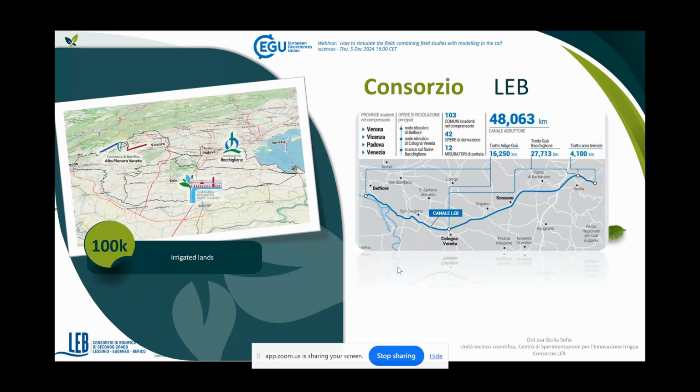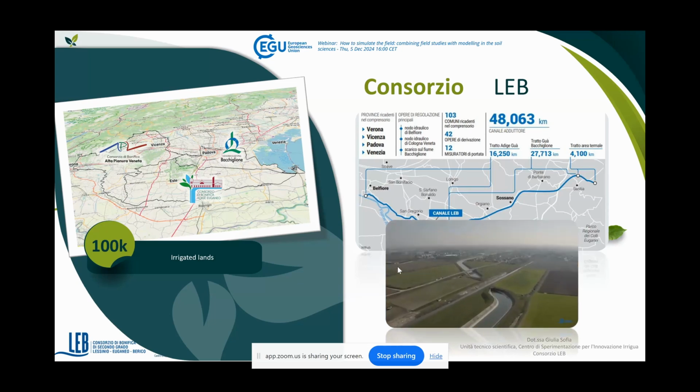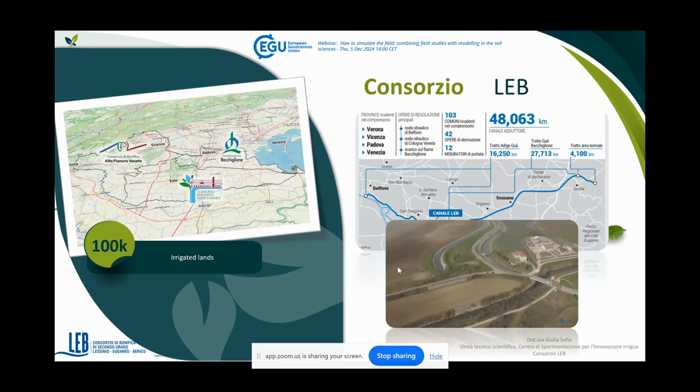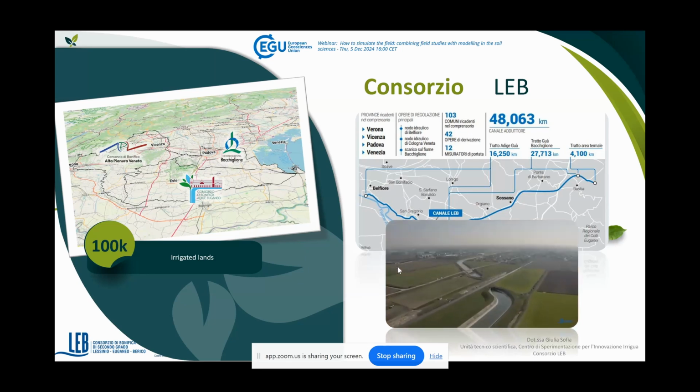We manage irrigation for over 100,000 square kilometers of agricultural landscape delivered by an artificial river, which runs for about 50 kilometers. So my scale of analysis, my scale of understanding must be very wide, with the limitation that comes from being that wide.